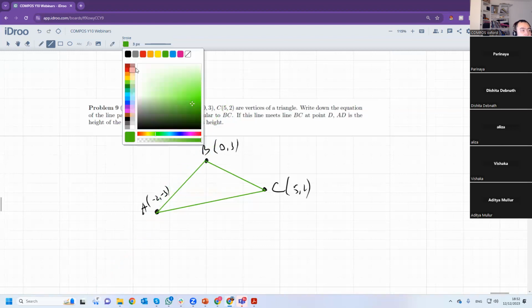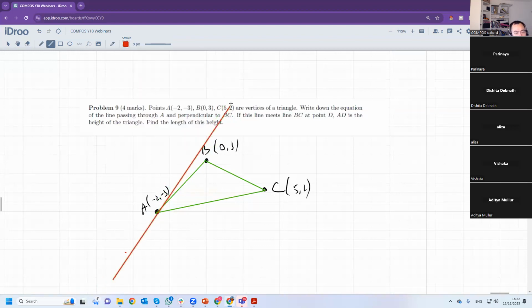Okay. Something like this, perpendicular to BC. You have to be perpendicular. So you'd need to find the gradient of BC. All right. If the line meets the line BC at point D, so this is point D, AD is the height of the triangle.